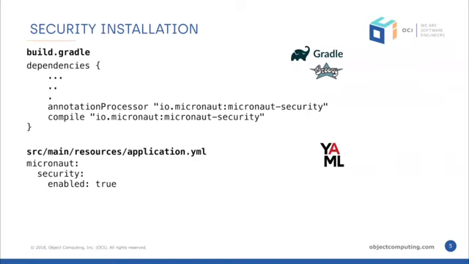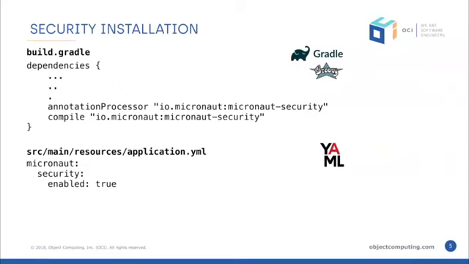The next step after you have added those dependencies in your applications is to turn on security. You turn on security in a Micronaut application by configuration. Micronaut supports configuration in YAML files, properties files, or even Groovy files. By default, you will get an application.yaml file under src/main/resources.